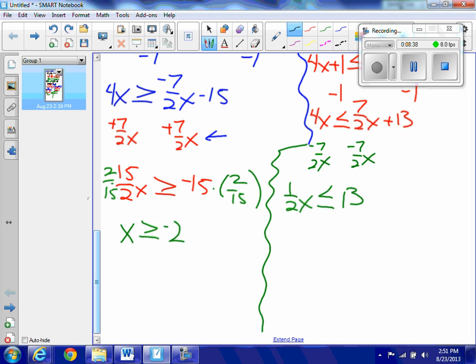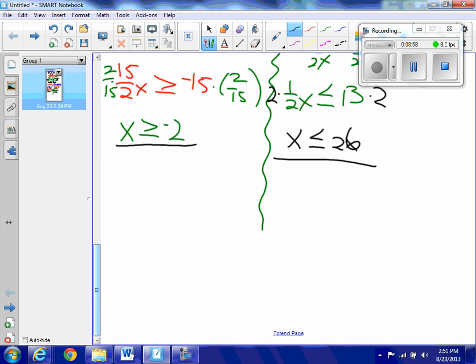I think I'll multiply both sides by 2. And I got x is less than or equal to 26. So x is greater than or equal to negative 2 or less than or equal to 26.